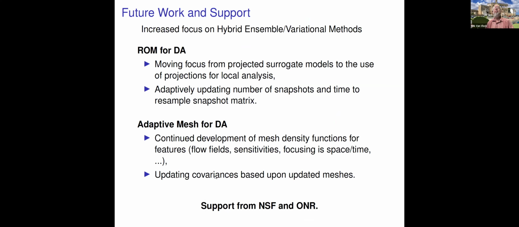So with that, I've got a couple slides to finish up here. Future work: we're starting to focus on hybrid ensemble variational methods. I think both using reduced order modeling and adaptive meshing have good potential here.